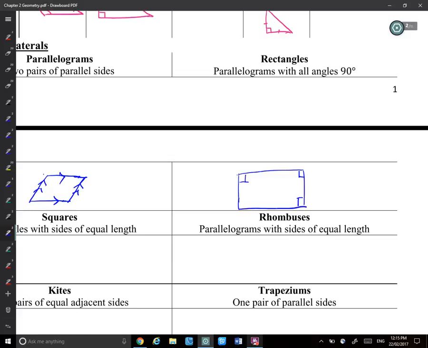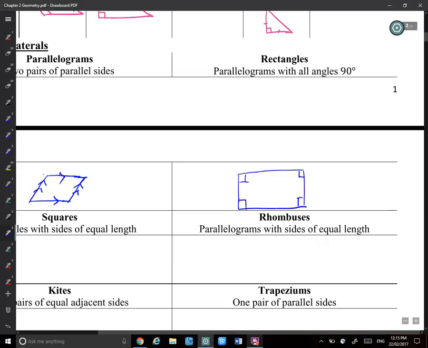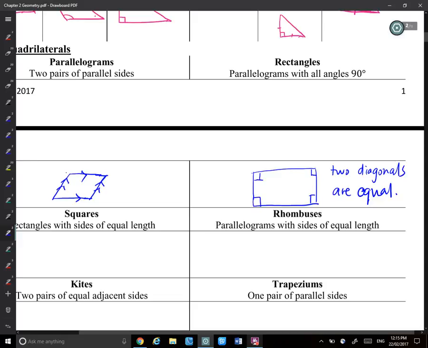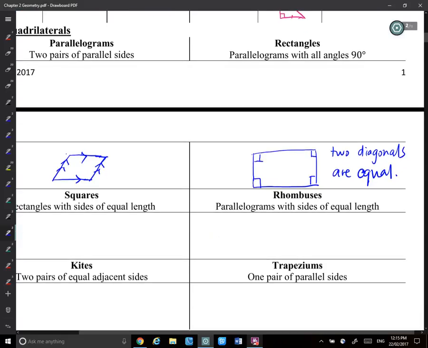There's one thing special for a rectangle, which is that the 2 diagonals are the same. The 2 diagonals are equal.